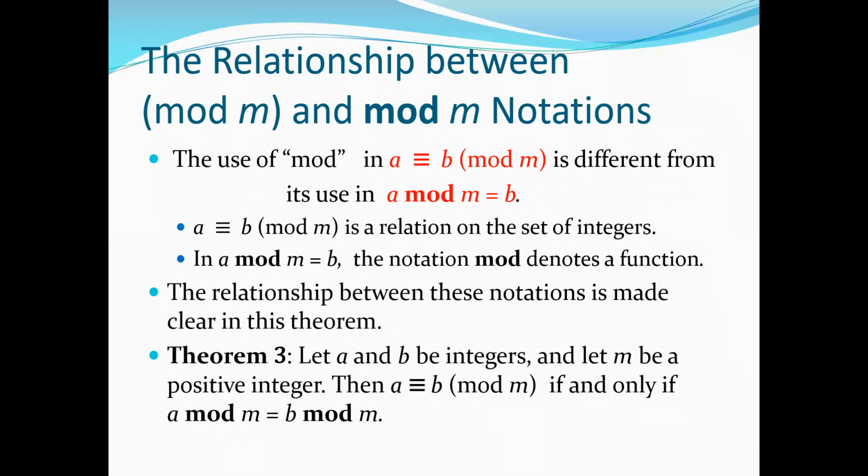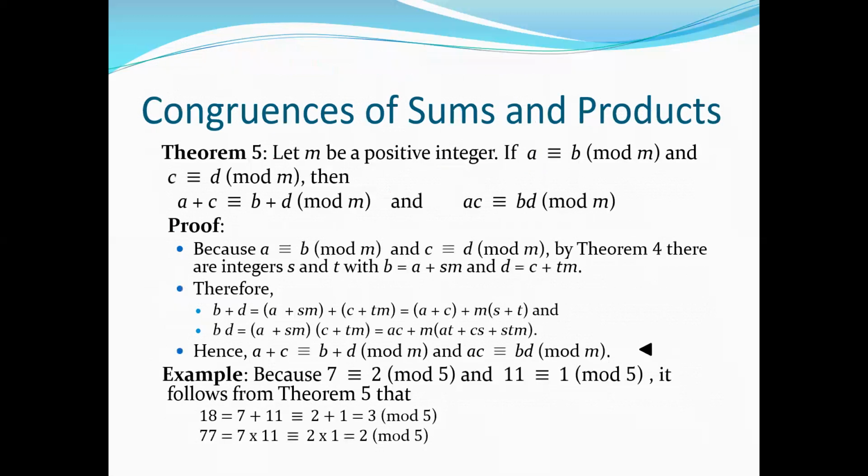Now, congruences of sums and products, theorem number 5. Let m be a positive integer. If a is congruent to b mod m and c is congruent to d mod m, then a plus c is congruent to b plus d mod m, and we could do the multiplication: ac is congruent to bd mod m.